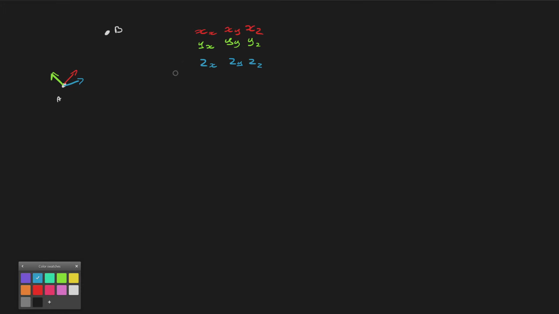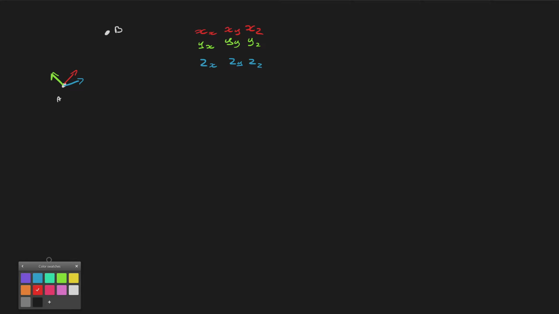That matrix that we have right here already encodes a lot of things. It encodes three things really. Simply by listing these three vectors, we are first of all encoding the orientation of our object, because the way each of these vectors are oriented in relation to each other defines a specific orientation for our transform.